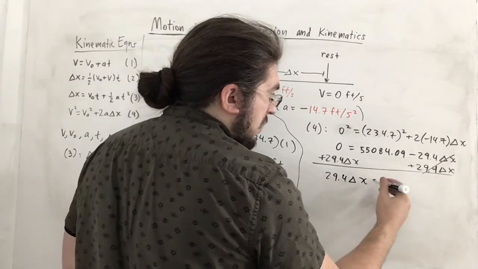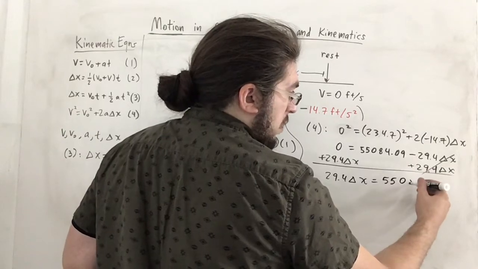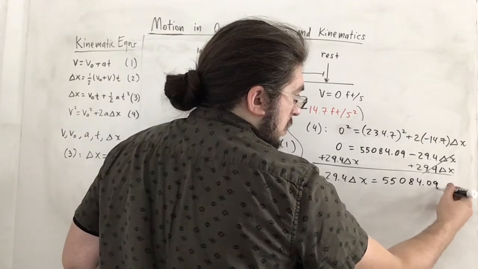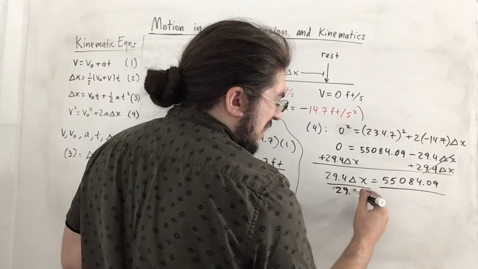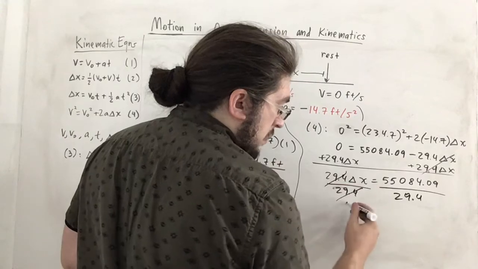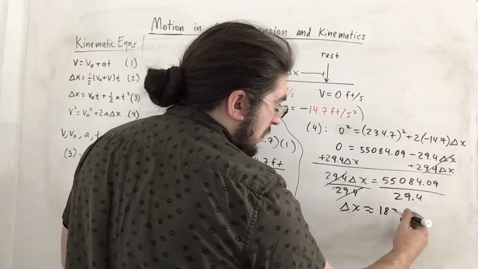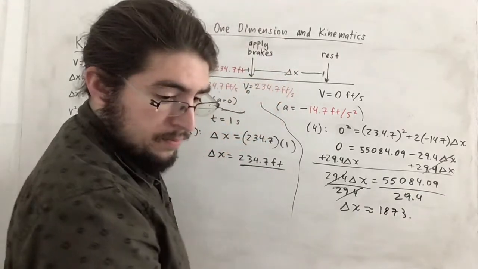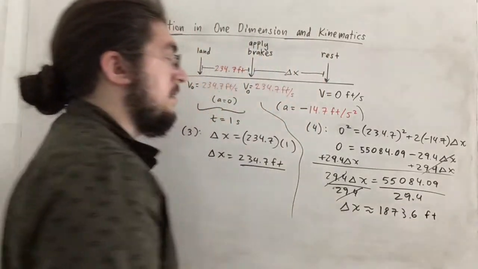And now finally, to find delta X, we'll actually just divide by 29.4. Okay, finally, good. So now dividing, we get what for delta X? So we get delta X is approximately, I got 1873.6, and this is delta X in feet.